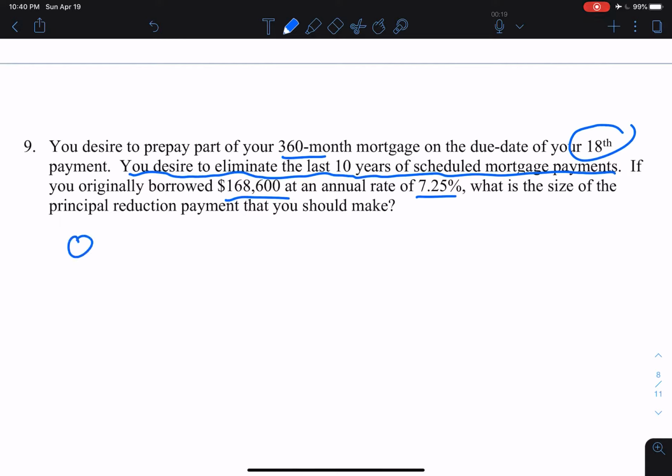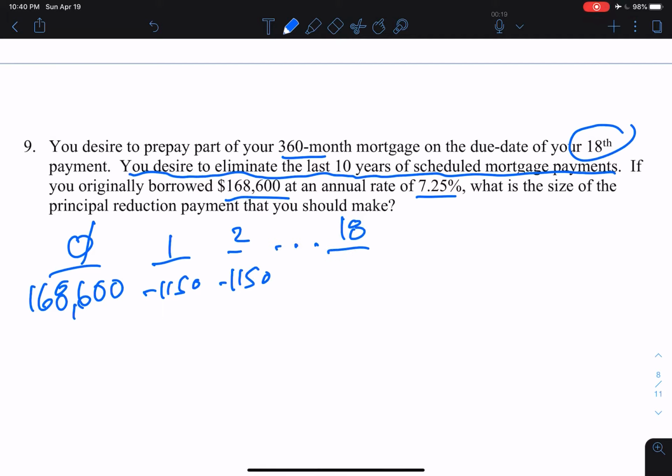So in this case, the cash flow date line looks like this. We borrow $168,600 at date 0, and then we agree to pay $1150.15. I'll drop the pennies. Then we go out here. Now in this problem, date 18, we're going to pay $1150.15.